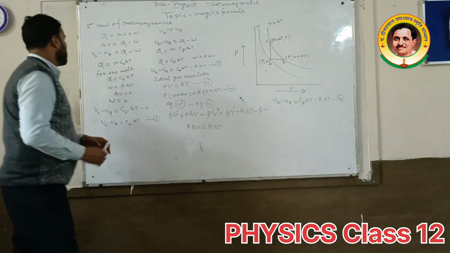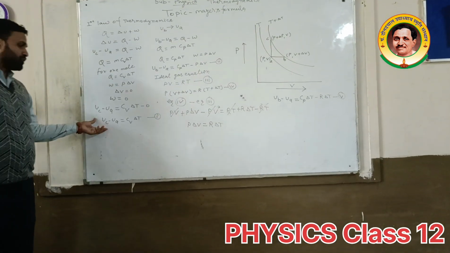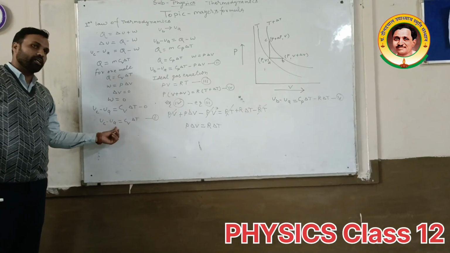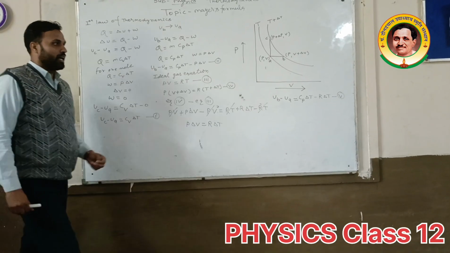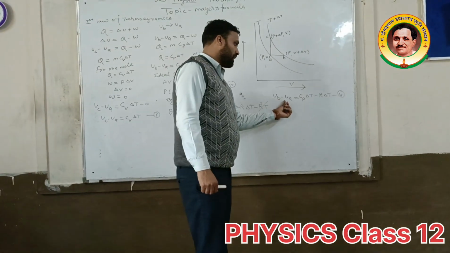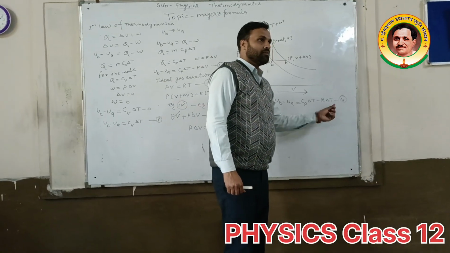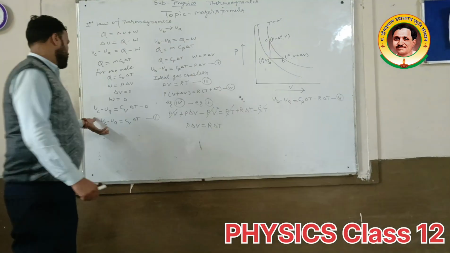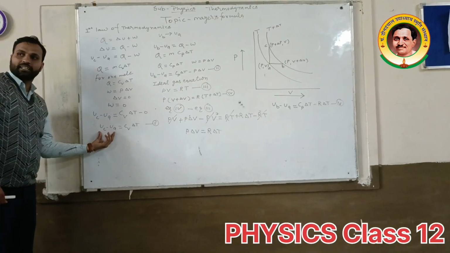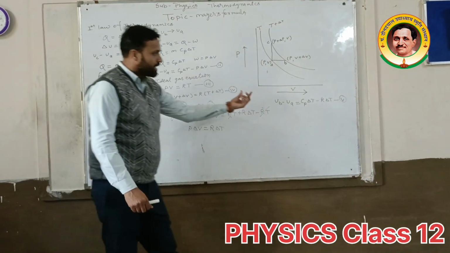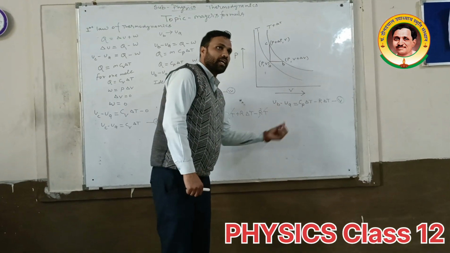Now we can see from equation first, UC minus UA equals CV delta T, and from equation fifth, UB minus UA equals CP delta T minus R delta T. Here is an increase in internal energy and also here is an increase in internal energy.